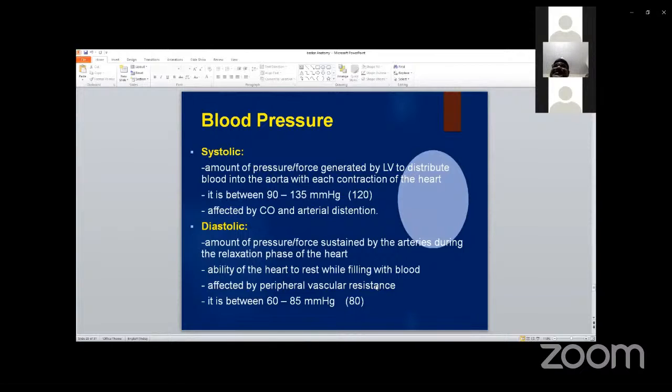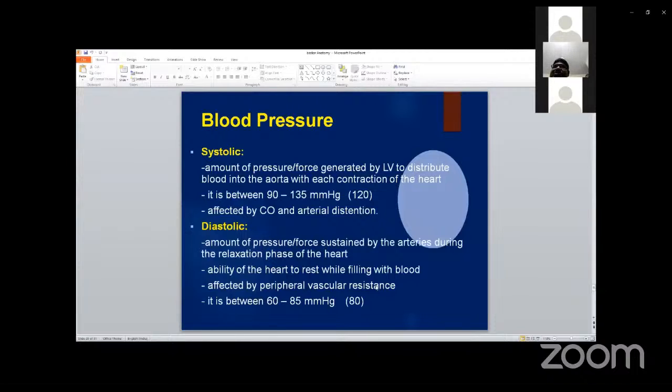So, what is systolic blood pressure? The amount of force generated by the left ventricle to distribute blood into the aorta with each contraction of the heart. That is called systolic blood pressure. So in simple form, I will say, when the left ventricle contracts, it generates force on the blood.